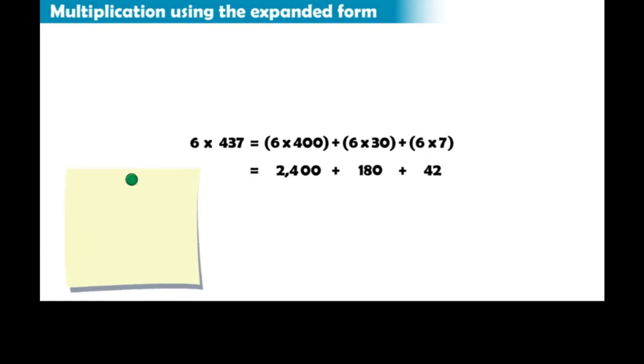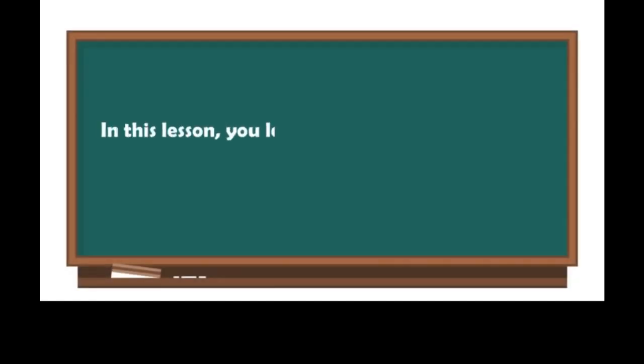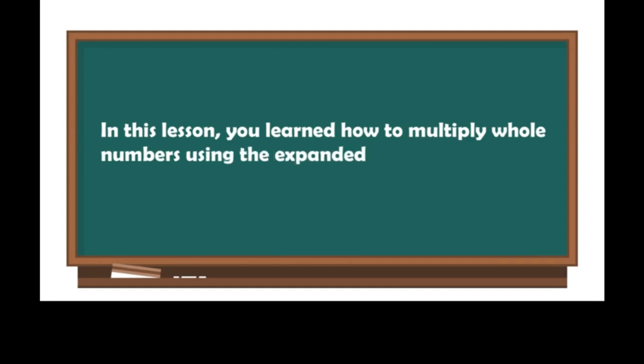Now when we add these numbers, that is 2400 plus 180 plus 42, we get 2622. So children, now it becomes very easy to multiply using expanded form when we have to multiply with a big digit number. So in this lesson you have learned how to multiply whole numbers using the expanded form.